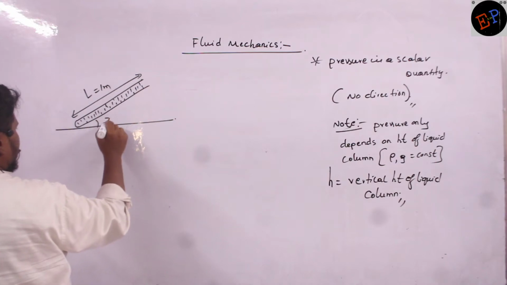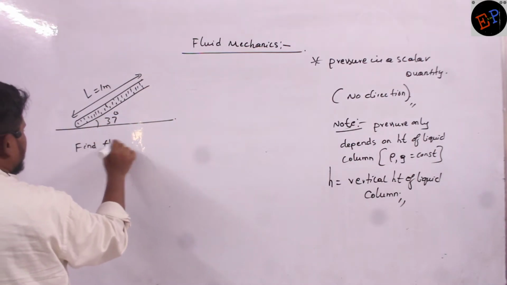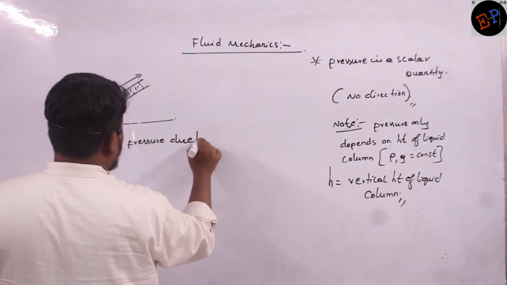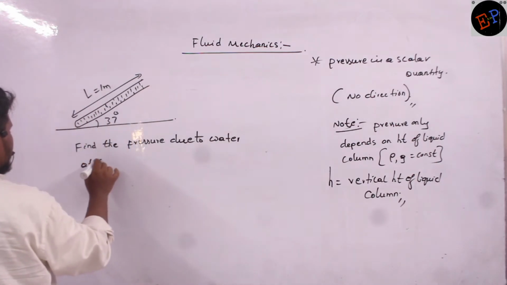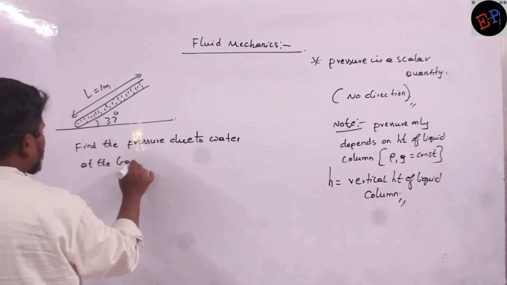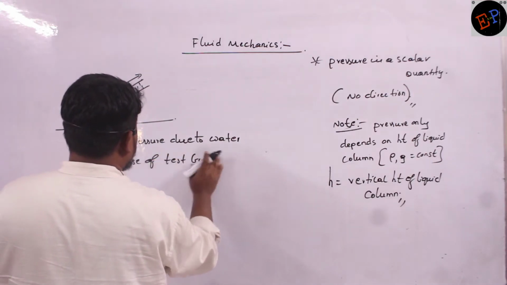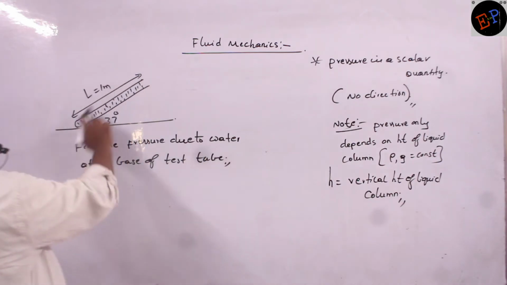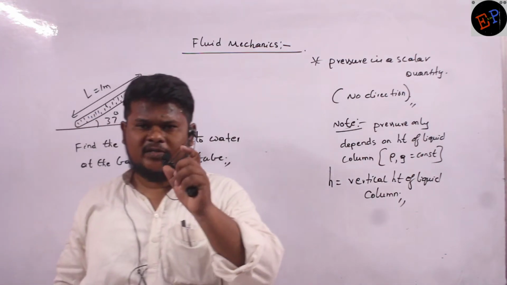It is bent at an angle of 37 degrees. Then find the pressure due to water at the base of the test tube. So consider this is the question given. Because of this liquid column, I want to calculate the pressure at the base of the test tube.